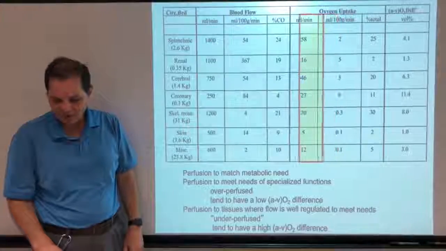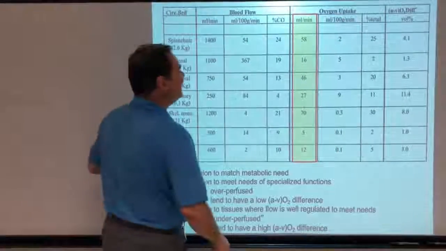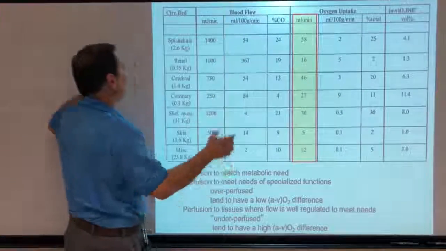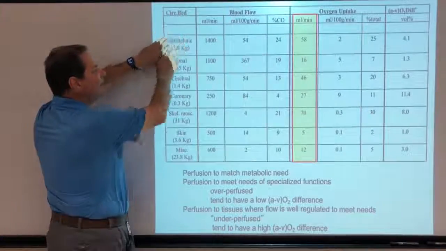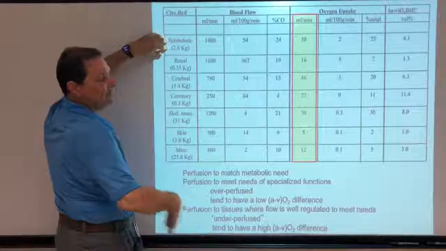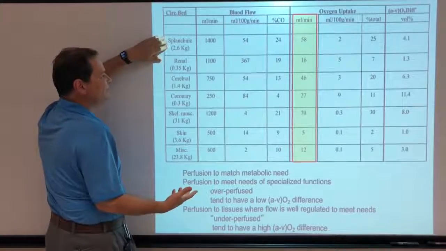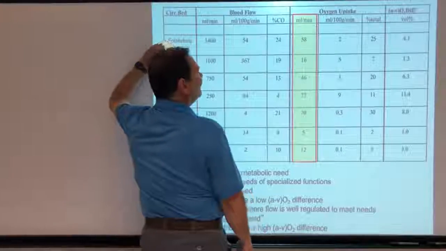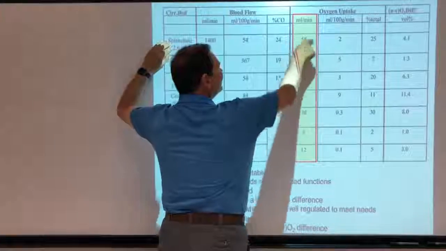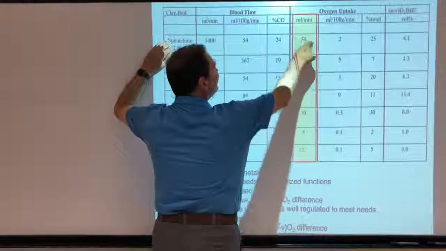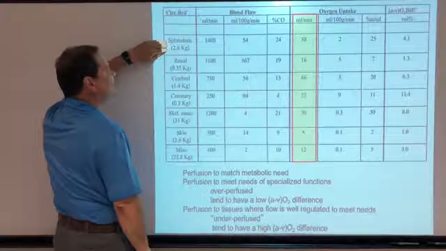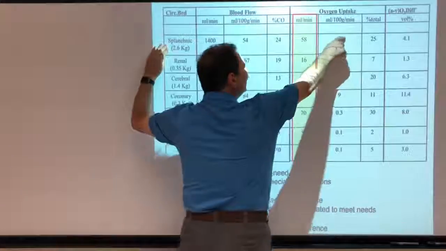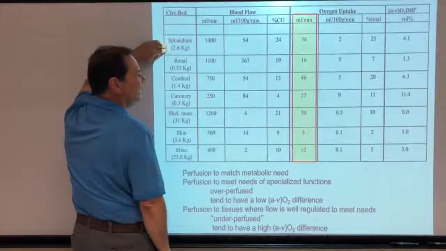Now you'll notice that the number changes when, instead of saying per 100 grams, we just say into the organ. So the splanchnic beds are sort of like your intestines and your liver and such. There's a lot of weight there. And so because there's a lot of tissue that you're perfusing, you have a fairly high 58 mils per minute going to your GI tract and your splanchnic beds, even though the tissue is not really that active, right?